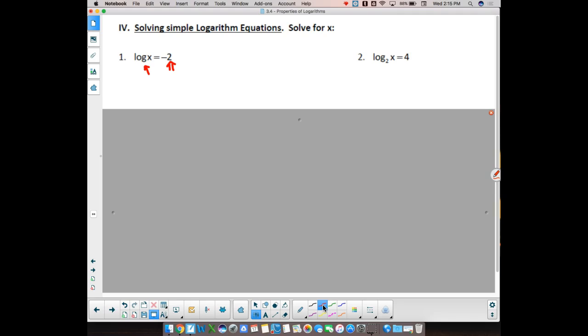I don't see a number there. When there's not a number written, what do we assume it to be in logs? 10. Okay, we assume that this is 10. So this is 10 to the negative 2 power, which becomes 1 over 100.